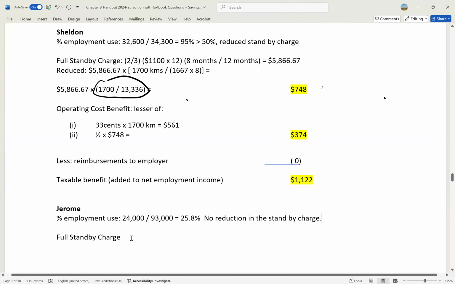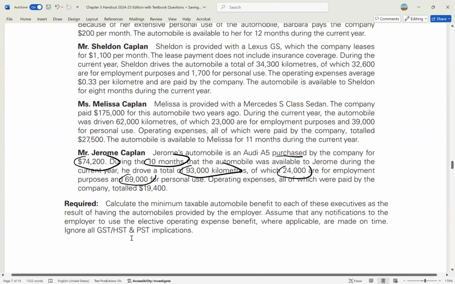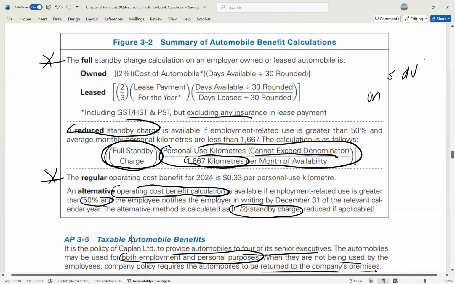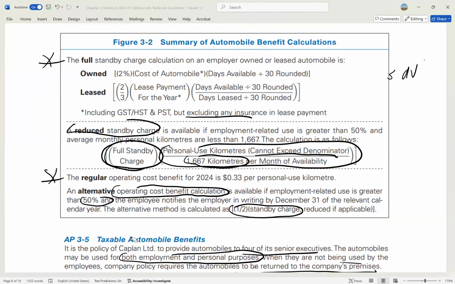So he's going to get the full standby charge. And now we have to look at the formula where the car was bought by the company. So when the car is bought by the company, we take 2% times the cost of the car. And once again, days available divided by 30.